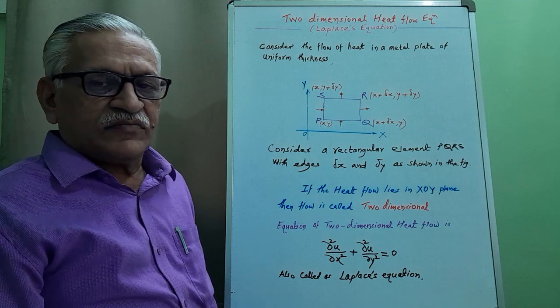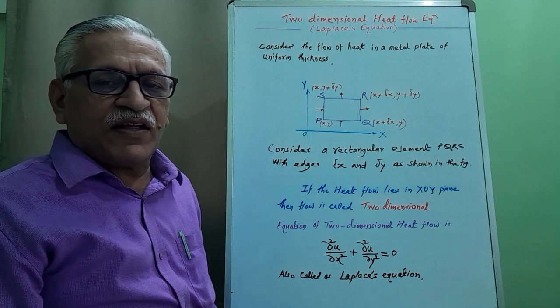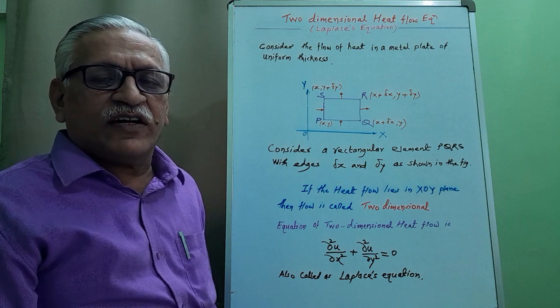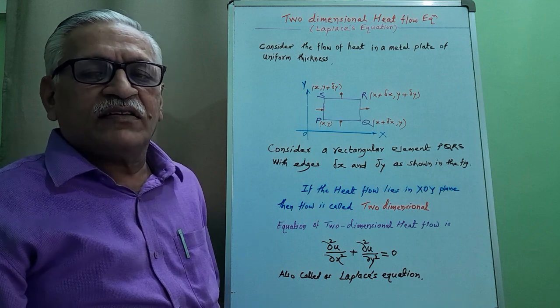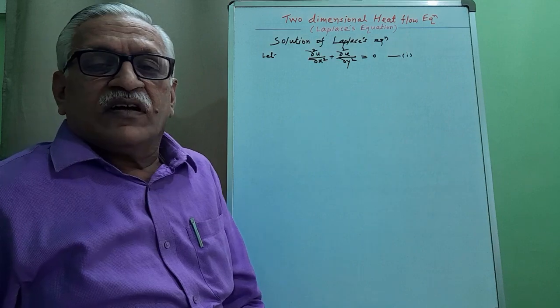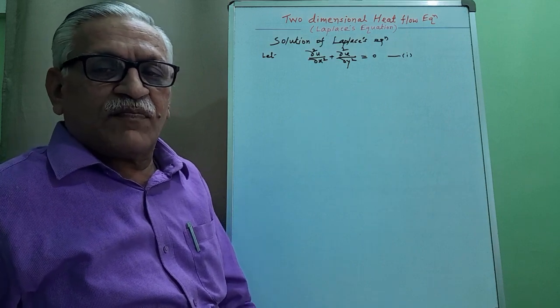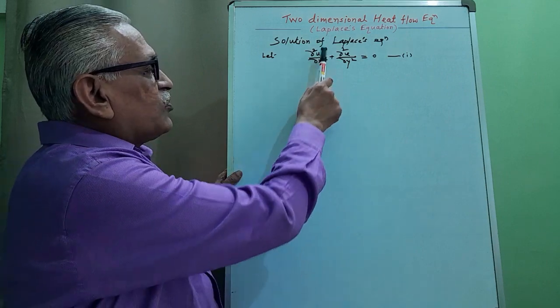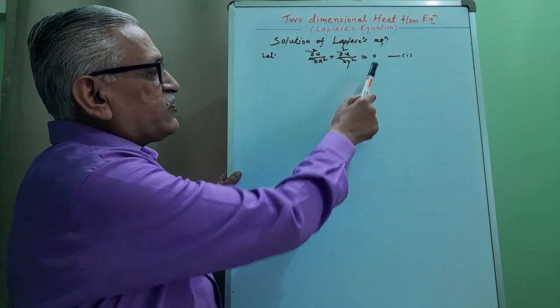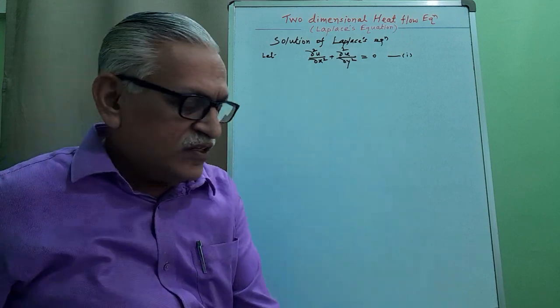Therefore, after knowing what is meant by the Laplace equation, we try to find its solution by applying the method of separation of variables. Let the Laplace equation be ∂²u/∂x² plus ∂²u/∂y² equals 0, equation 1.